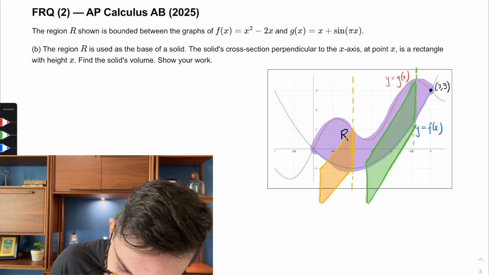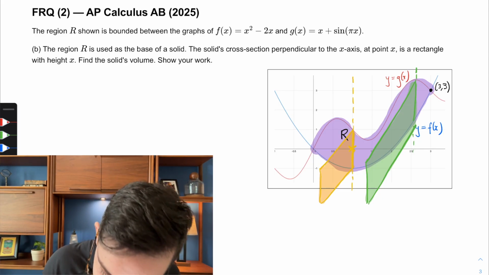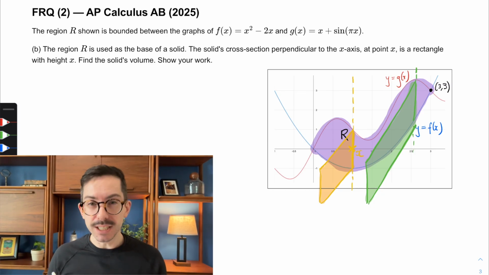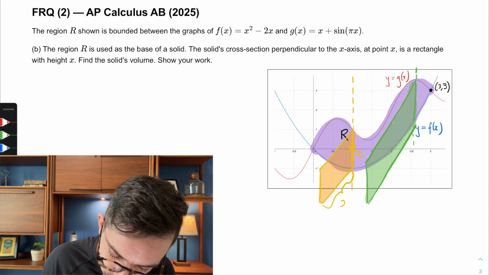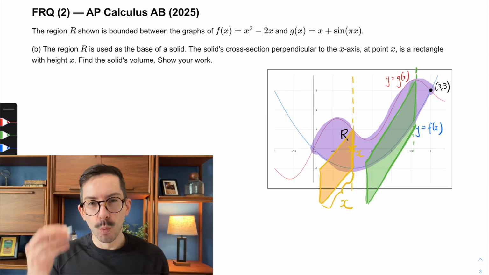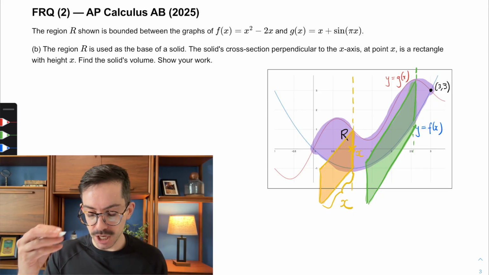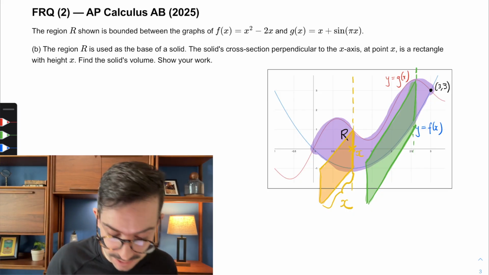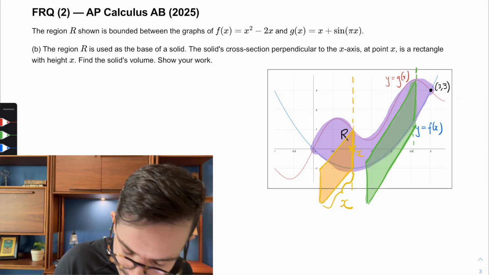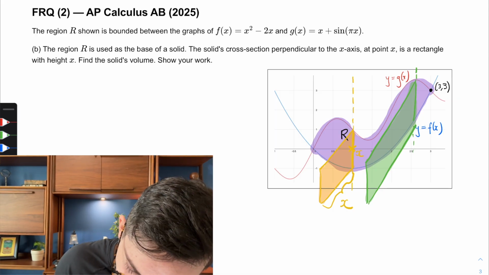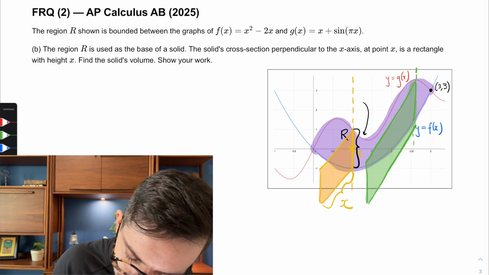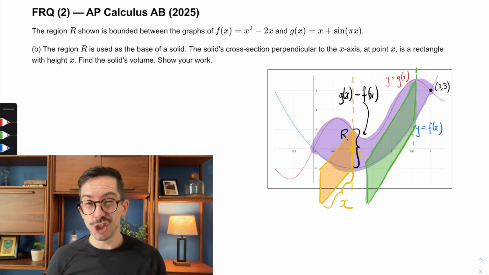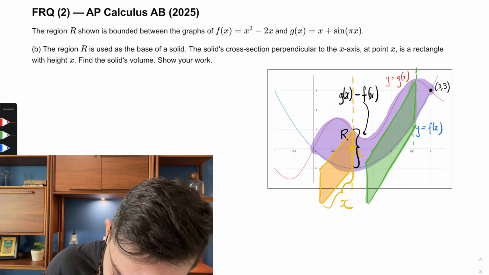So when I take a slice at a certain x coordinate, the height of that rectangle here is supposed to be x. What's the other side length of my rectangle? Well, it's just like in part A, this side length is going to be g of x minus f of x, right?